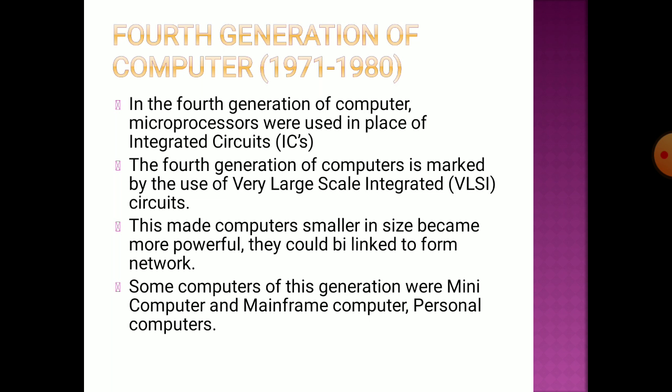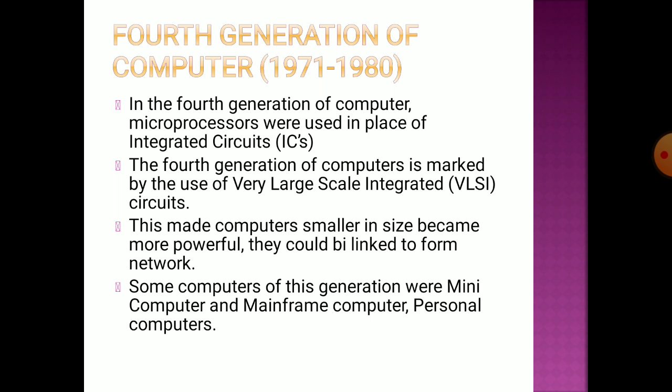So all these computers were developed from the era of the fourth generation. The meaning and detailed features of mini computer, mainframe computer and personal computer you will study in the classification part. Just remember, all these computers were invented in the fourth generation of the computer.